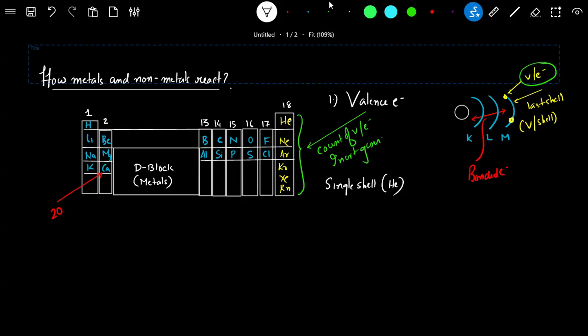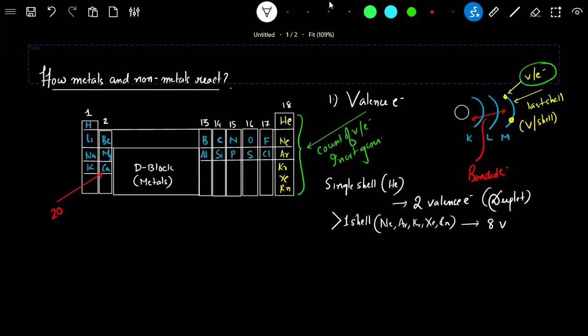Helium is a single shell, then you have two valence electrons, and we call this a duplet. And if you have more than one shell, that means it starts from neon, argon, krypton, xenon and radon, then you have 8 valence electrons, and this is known as an octet.